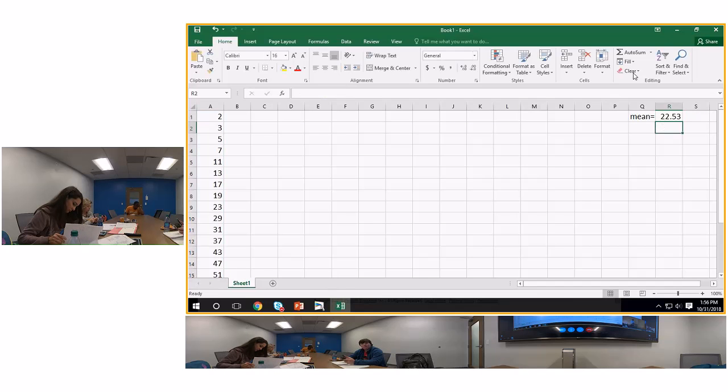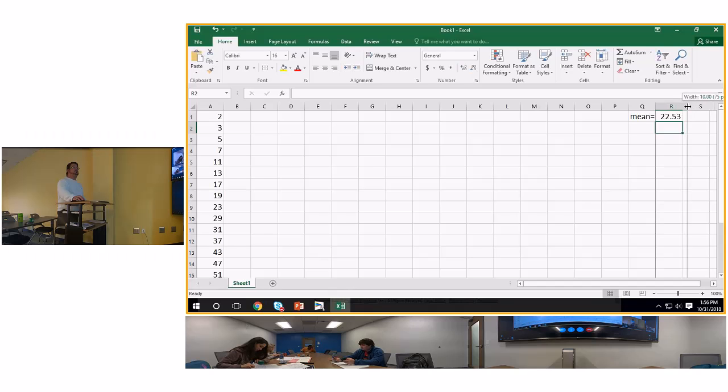I wouldn't round anything till the very end. In statistics, you never round until the end of the problem, so carry everything to 3 or 4 digits.